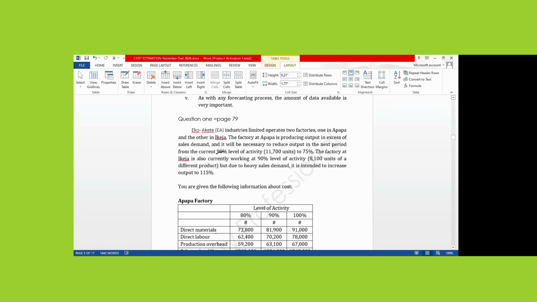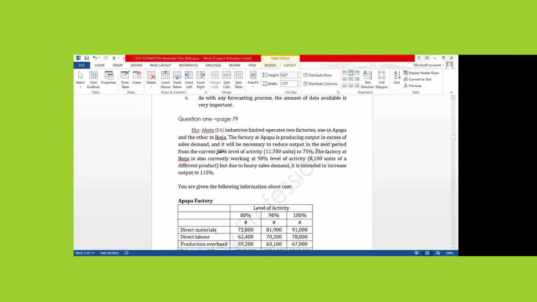The factory at Apapa is producing outputs in excess of sales demand, and it will be necessary to reduce production in the next period from the current 90% level of activity, in brackets 11,700 units, to 75%.